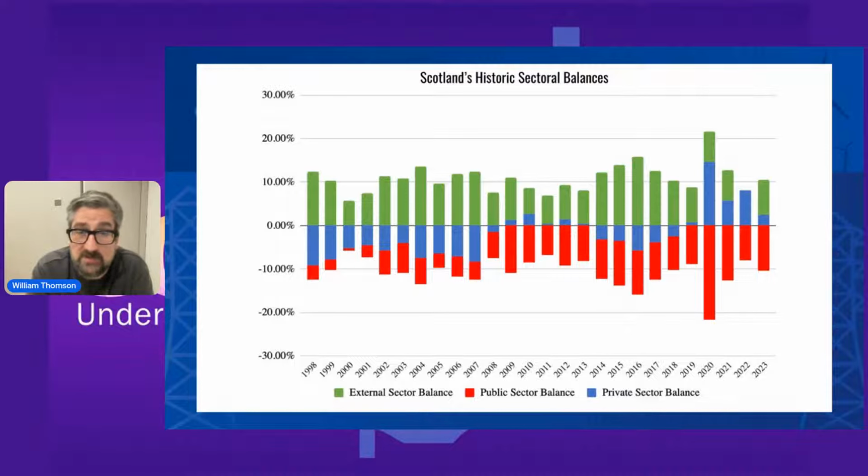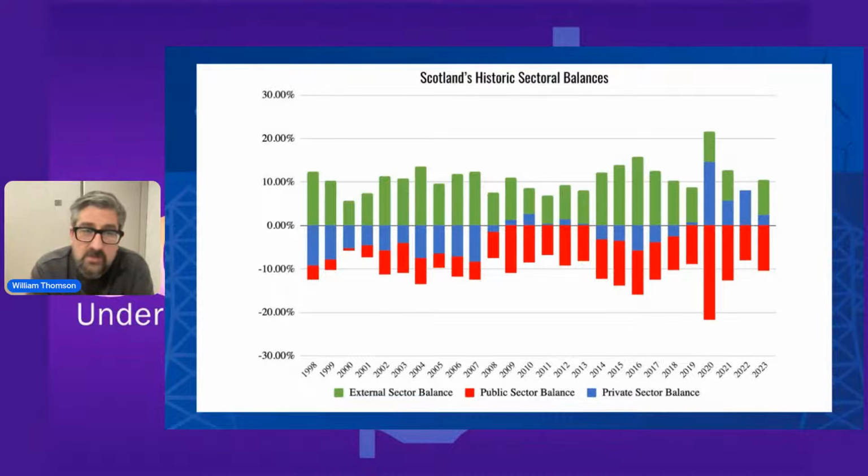The foreign sector takes more financial wealth out of Scotland than it sends back. The blue is our net savings position, and the red is the public sector or the government spending.